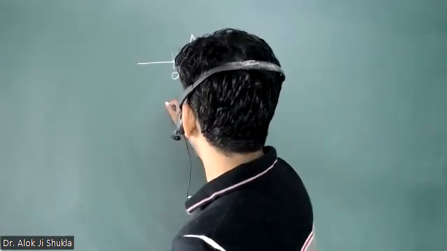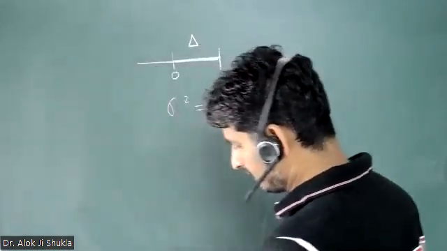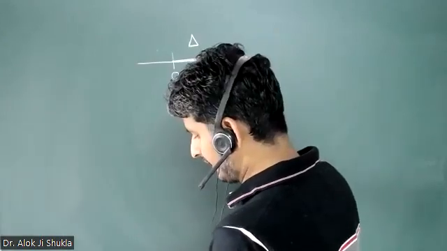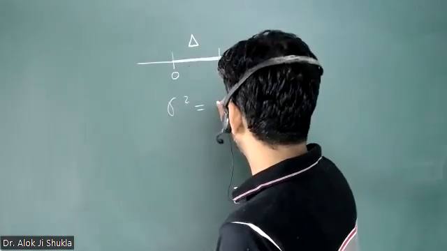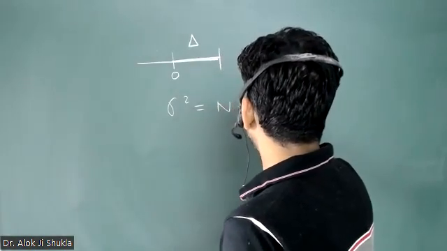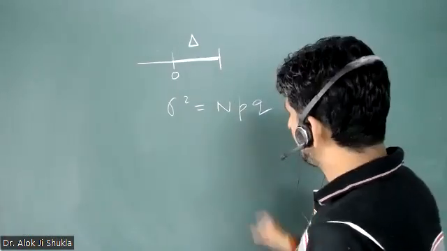So वैसे तो delta square, I mean जो standard deviation है that is NPQ, right? NPQ. But what is the size?